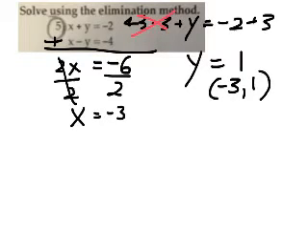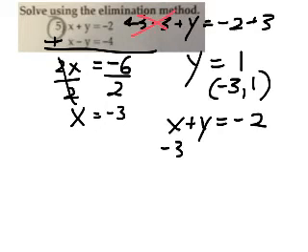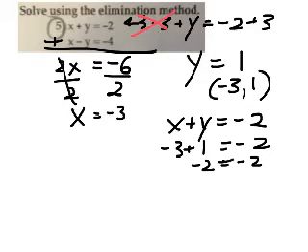We try it in the equations. Our two equations, x plus y equals -2. Stick a -3 in for x, 1 in for y. -3 plus 1 equals a -2. -2 equals -2. Works. Okay, let's try it in the other one. The other equation is x minus y equals -4.